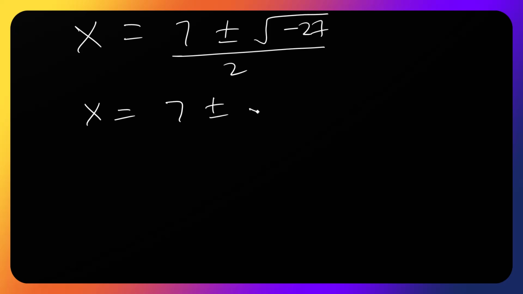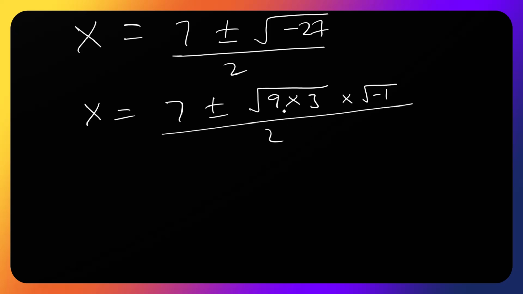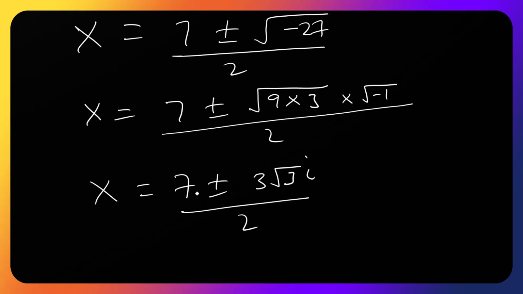So we have 9 times 3 times minus 1. As simple as that. So this side, 7 plus or minus, this one is a perfect square, that will be 3 root 3, and the square root of minus 1 is i from complex numbers, on 2.